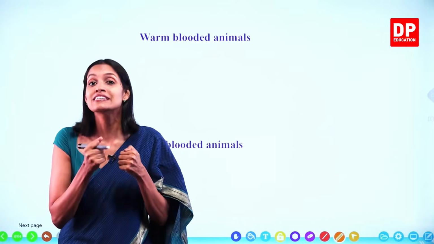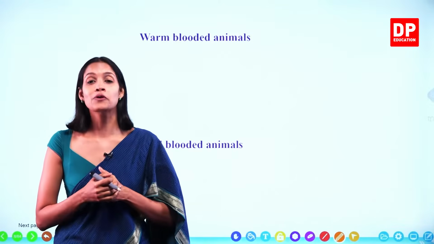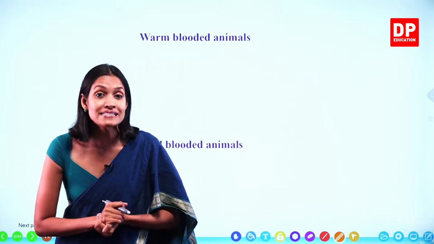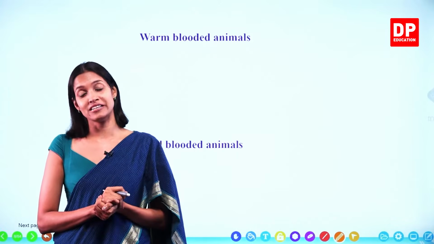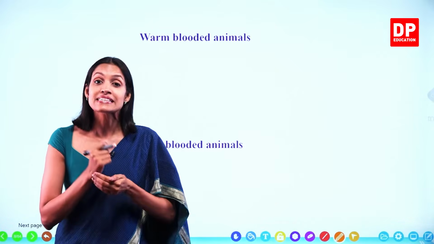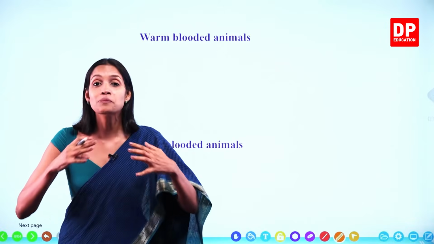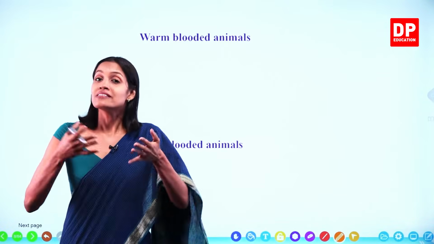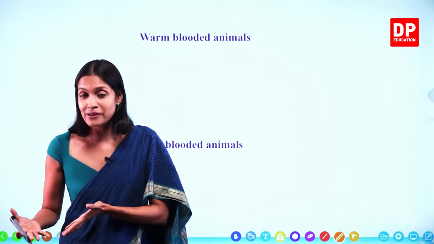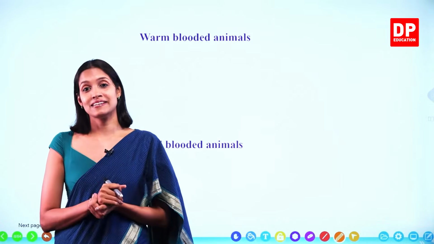This is known as contraction of muscles. Your body muscles start to contract really fast, and this is known as shivering. When your body muscles contract really fast, they produce excess amounts of heat. Therefore, the reduced body temperature can be increased.